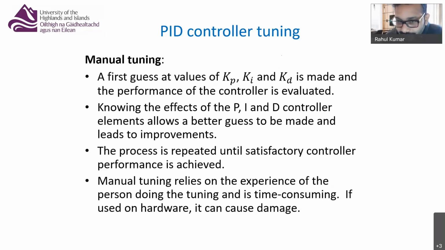So manually adjust the value of KP, KI and KD, which is possible, but you would need a lot of experience for doing that. Okay. So as I mentioned, if you adjust the value of KP, you also have to change the value of KI and KD accordingly. Right? It's not just if you change one of the values and the rest of the values will be okay. No, if you change the value of KP, you have to adjust KI and KD as well. Okay, so that's some of the issues for manual tuning. You need some experience for doing that.